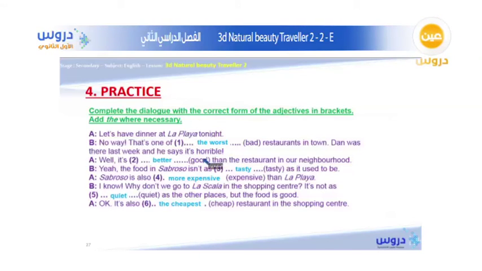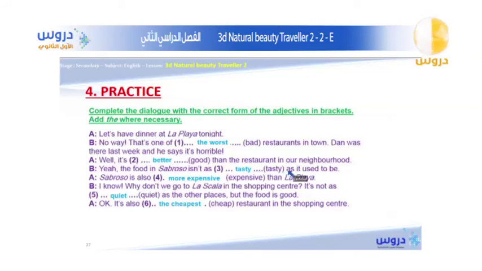Well, yeah, good. If you'd like to compare between two things, you have to use good. What is the form of good here? You change good to what? Better. Better than the restaurant in our neighborhood. Yeah, the food and service wasn't as what?